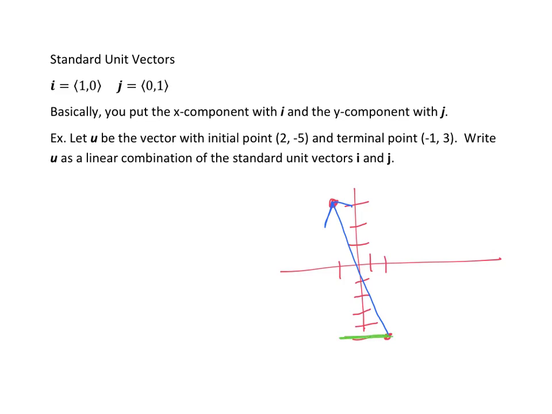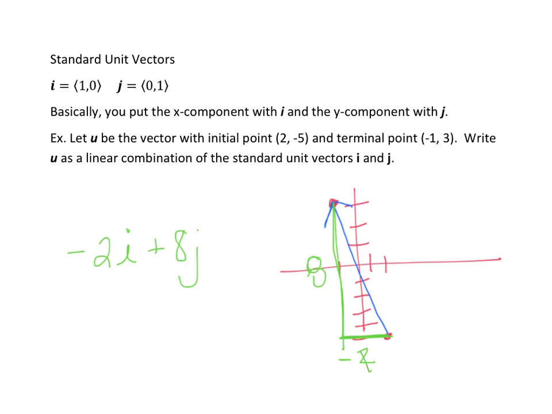How far did I go over? Well, I had to go over 2. And then how far did I have to go up? I went up 8. So since I went left, this is going to be a -2. So I'm going to write this as a -2i plus an 8j.